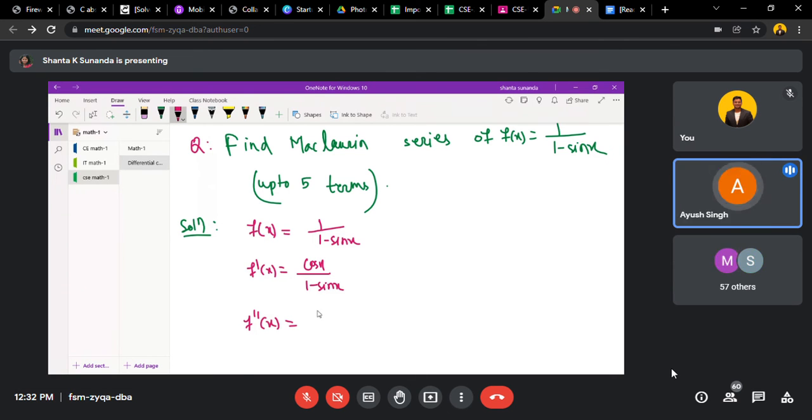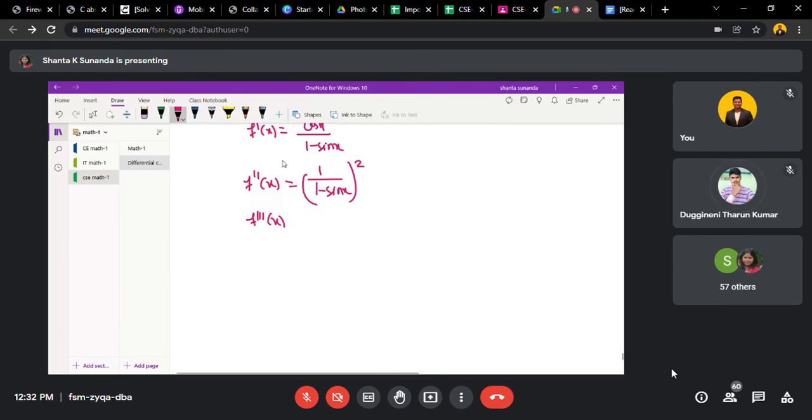Ma'am, in f dash x there should be 1 minus sin x whole square in the denominator. Yes, ma'am. So f dash x is cos x over 1 minus sin x whole square.